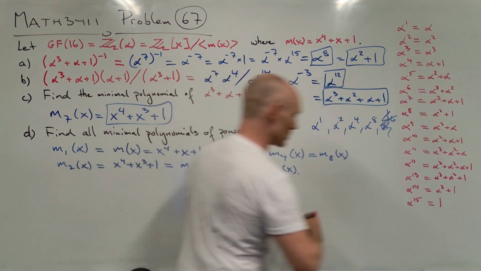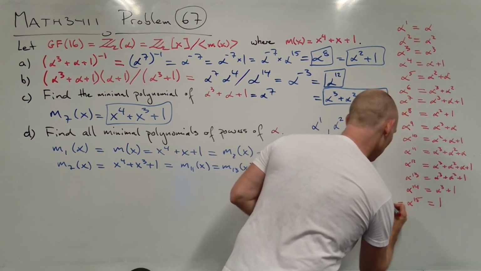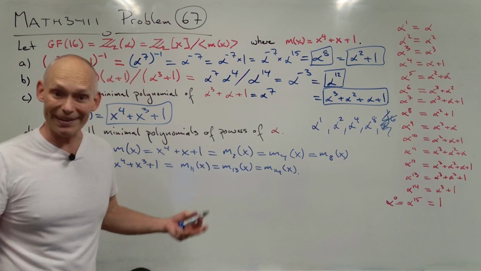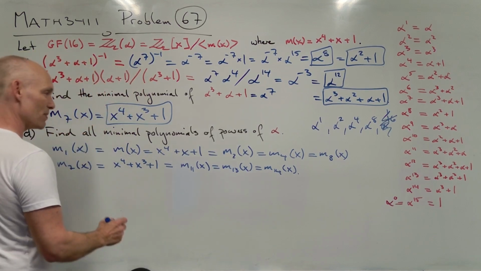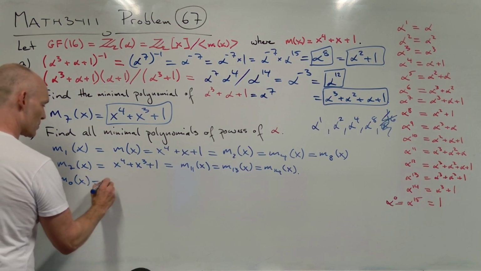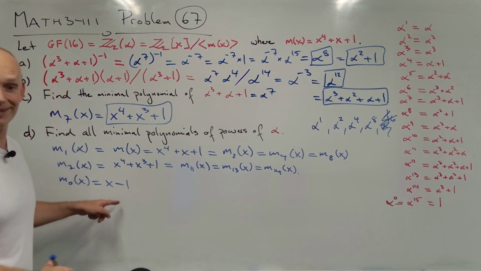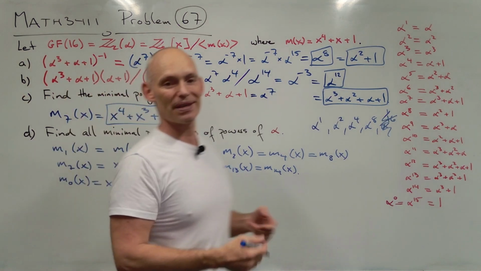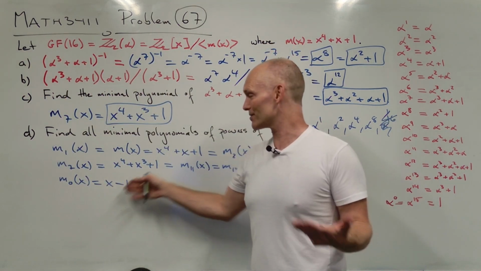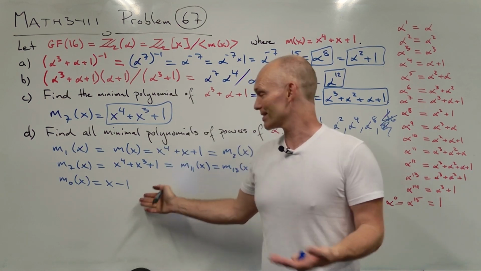So if I also write this as alpha to the power of 0. And the minimal polynomial of just the number 1 is super simple. It's just m0 being equal to x minus 1. That's a perfectly fine binary polynomial, and it has 1, or in other words, alpha to the power of 0 as a root, and it is minimal.